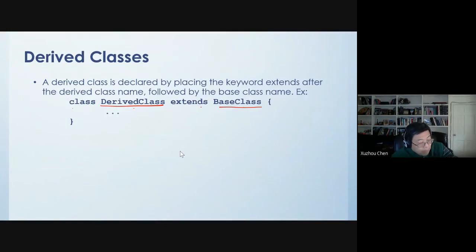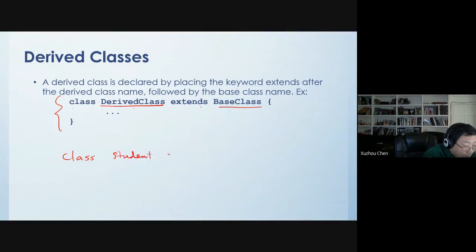So now, as we say that the student is a derived class of a person, the base class person. Java basically provides the syntax for this. In this particular example, I can say class student extends person.